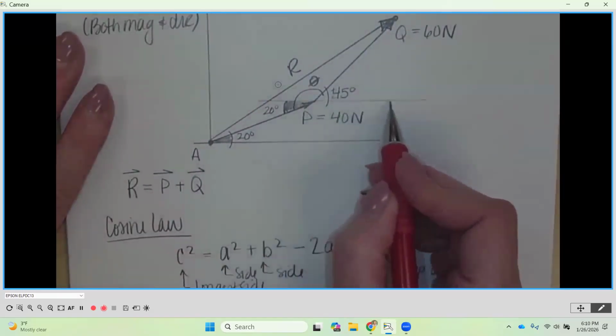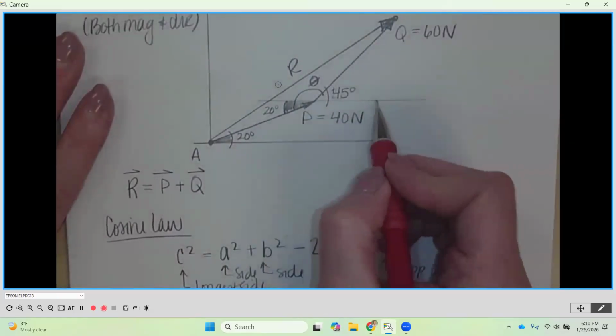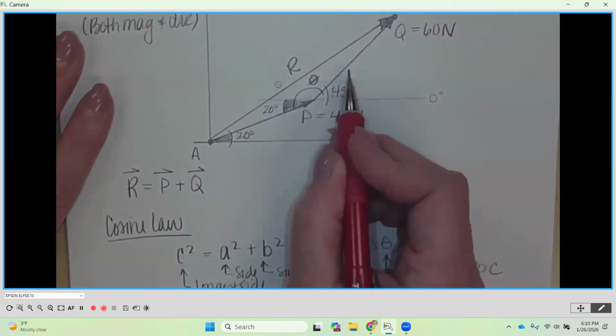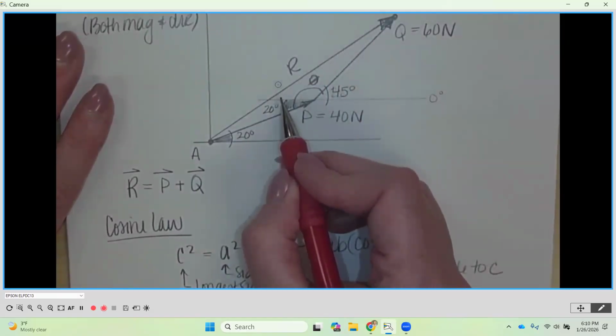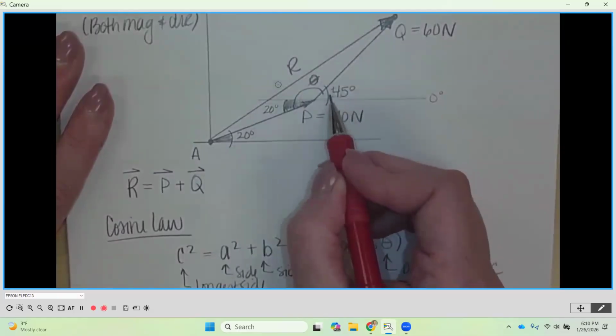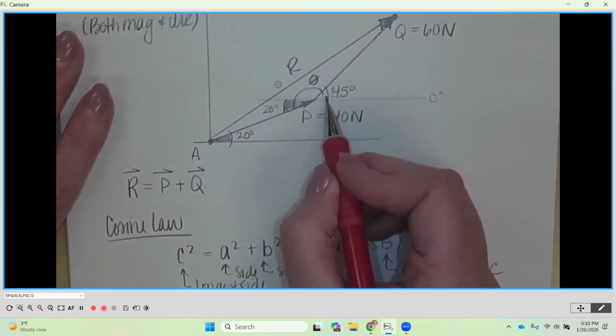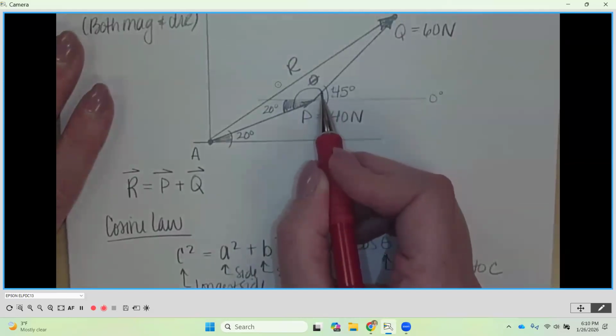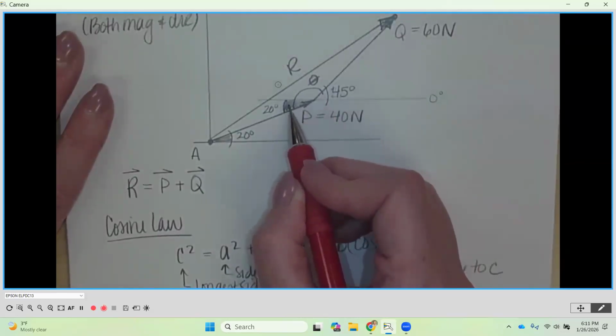When we look at this horizontal line right here, if I take this as 0 degrees and I go all the way over, that's 180, right? Okay. But I'm not going to use the 45, right? So it would be 180 minus 45, which would be this, plus 20. Do you see that? Okay.